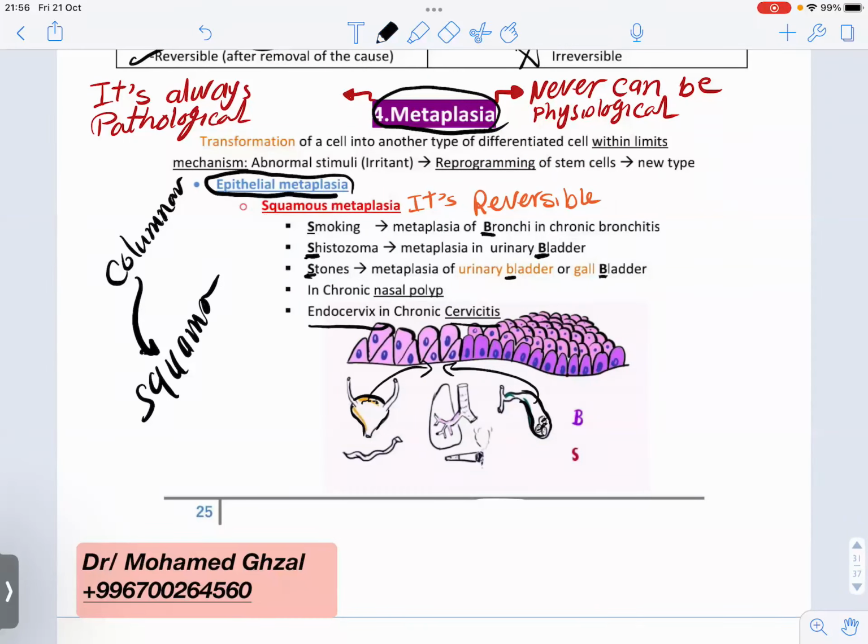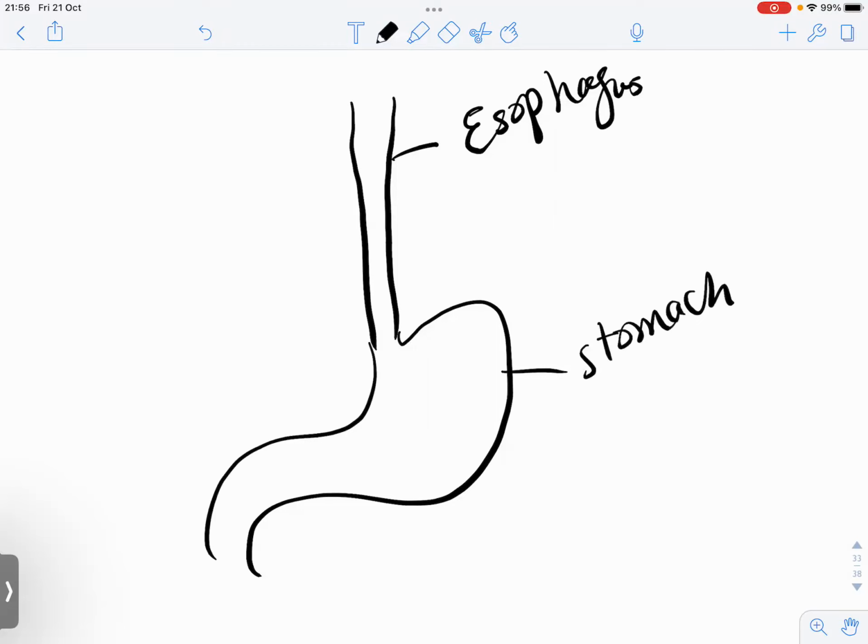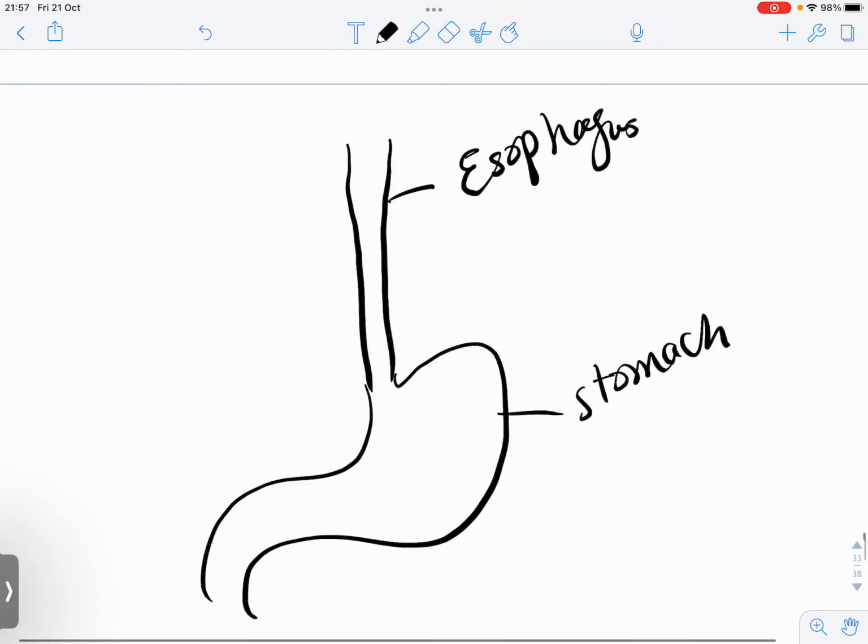this, the esophagus, and here is the stomach. When you eat, of course, the food will make friction with the esophageal wall. So the esophagus epithelium must be squamous. Why?